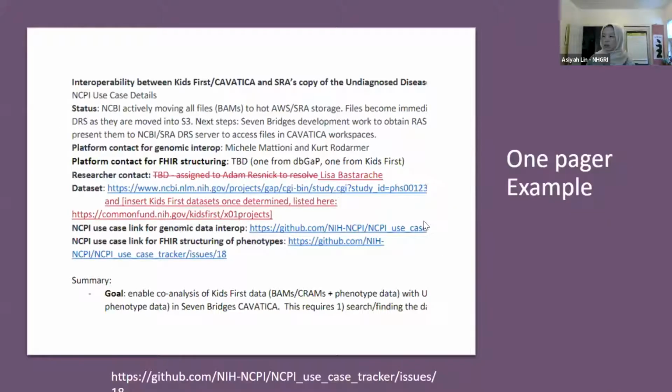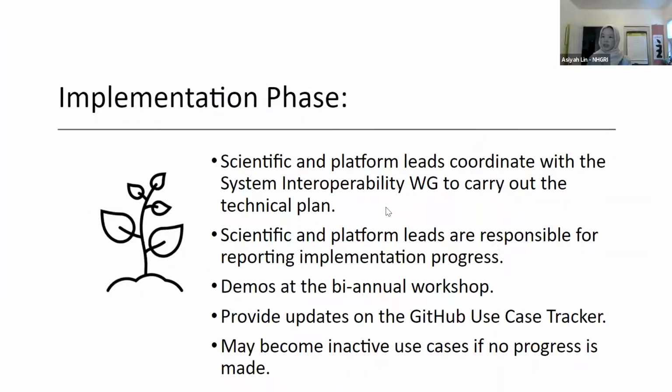This is a one-pager example that is being developed by Valerie and the Kids First and the NCBI SRA. They have all the elements identified there, and they are in the development phase. In the implementation phase, we mainly focus on having the scientific and platform leads coordinate with the system interoperability working group to carry out the technical plan defined in the one-pager.